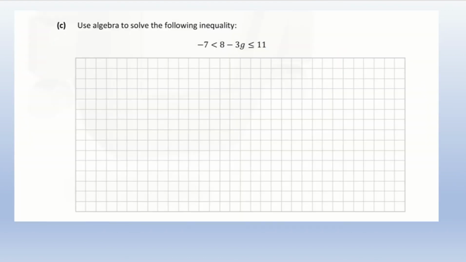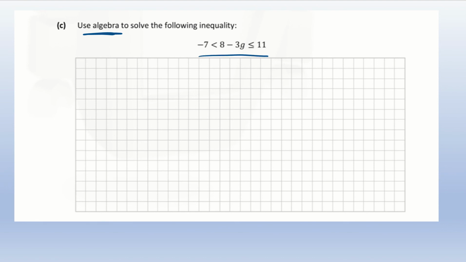Part C of your question was asking you to use algebra to solve the following inequality. So for this question, your ability to manipulate equations using algebra will be called into play.